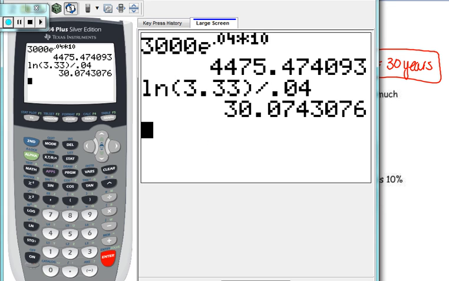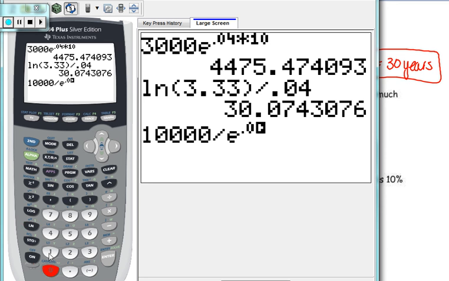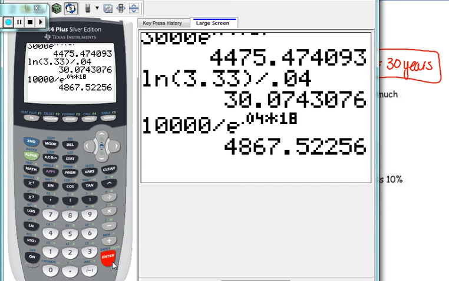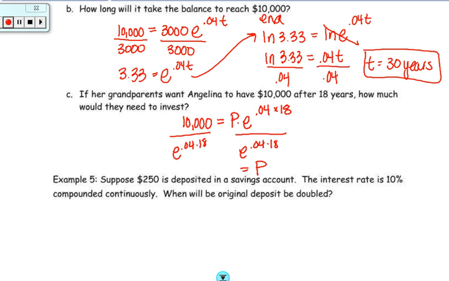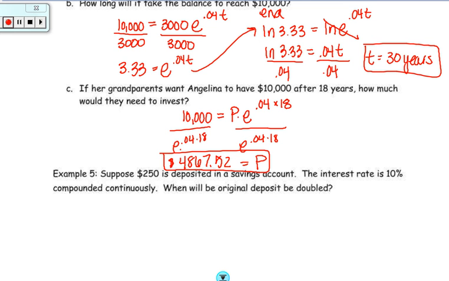So if I take my calculator and I type in 10,000 and I divide it by e, so second ln, to the 0.04 times 18 years, Angelina's grandparents would have to invest $4,867.52 today. To not add any money to the account or withdraw. If you let it sit for 18 years, she'll have $10,000 when she turns 18.